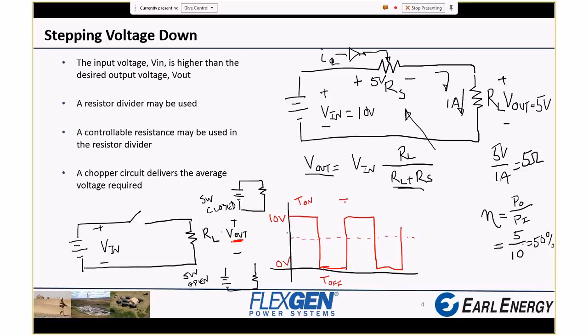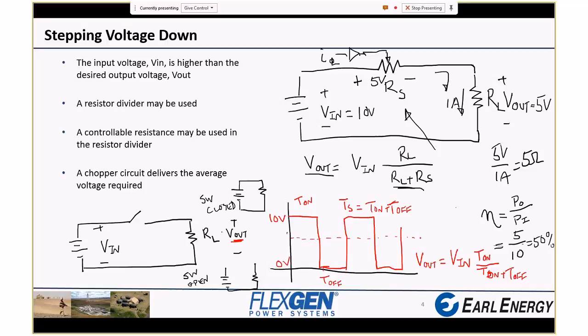And let's define TS as T on plus T off. So what we end up with here is V out equals V in times T on over TS, which again is T on plus T off.